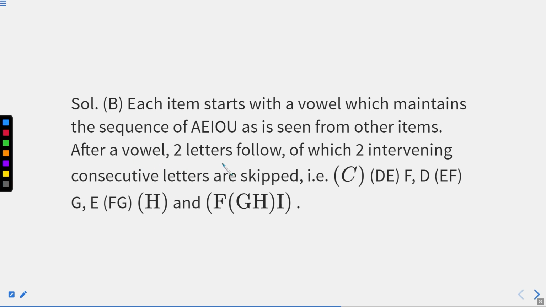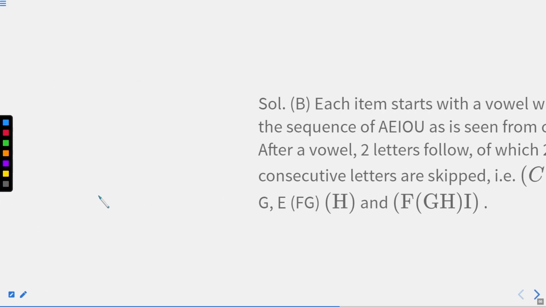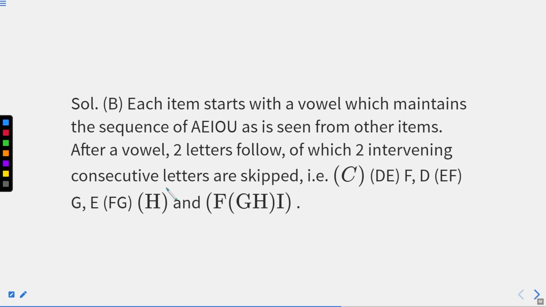After a vowel, two letters, of which two intervening consecutive letters are skipped, such that C is there, D and E, then F. Then we use D, then E and F will be skipped, then G, and again F and G, then H, then G and H. So your answer will be O, G, I. I'm really sorry, your answer will be O, F, I.